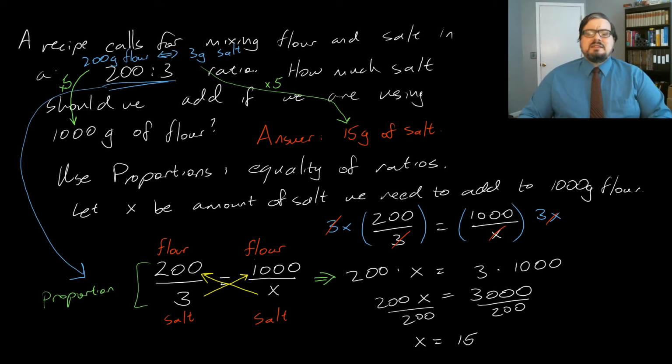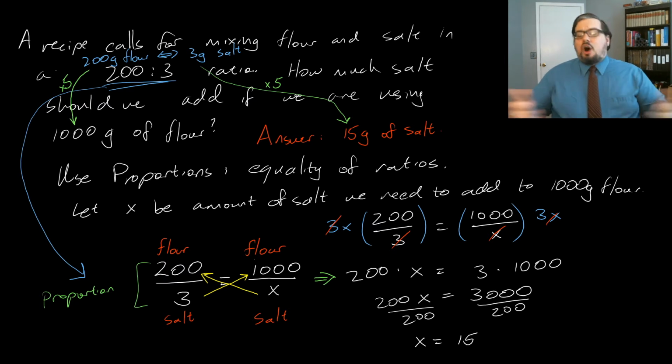So what this shows is that when quantities lie in a given ratio, if you multiply one side of the ratio by a number, you multiply the other side of the ratio by the same number. This is also related, everything is just other ways of talking about the same thing, to the fact that if I have a fraction and I multiply the same number on the top and bottom of the fraction, I don't actually change its value.